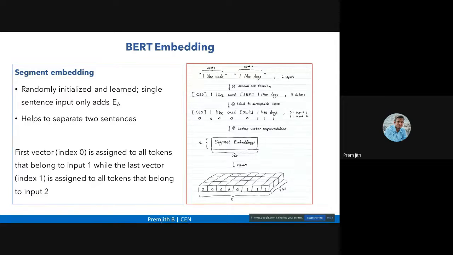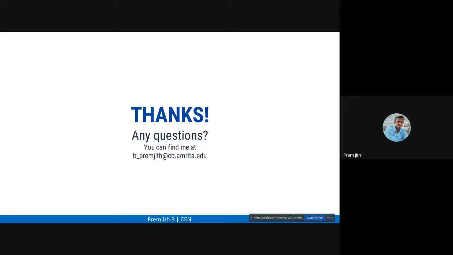And finally, we can add the positional information also to generate the word embedding for a particular word using BERT. So here comes the end of the theory part of transformer and BERT models.